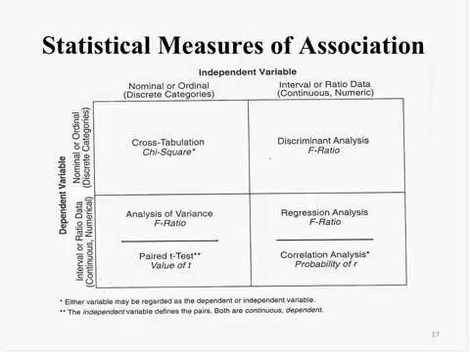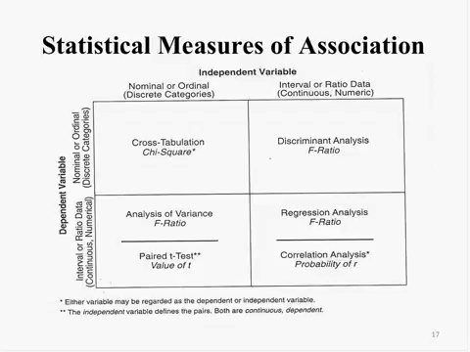So, for example, if our independent data was nominal or ordinal, and our dependent data was the same way, then we would use cross-tabulation or chi-square analysis. If, on the other hand, our independent variable was nominal or ordinal, but our dependent variable was interval or ratio data, then we would be using analysis of variance with the F ratio. We could also use the paired t-test and the value of t. And you can see the same thing applies for the column entitled interval or ratio data.